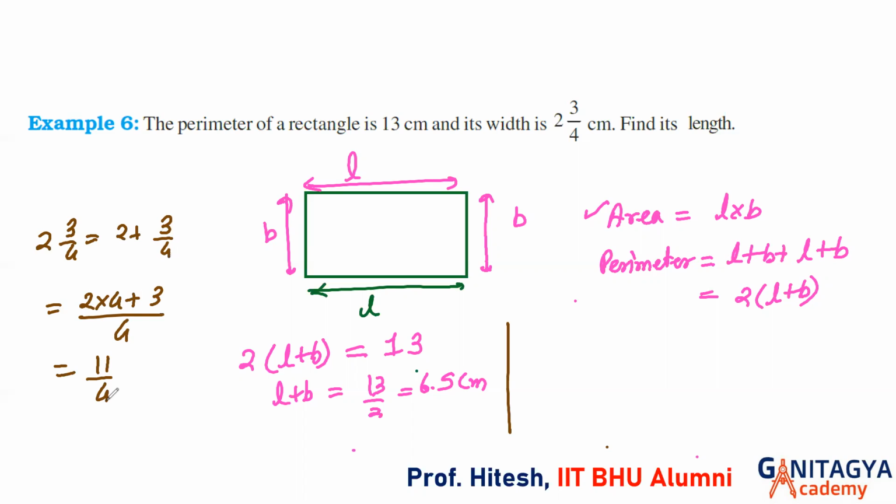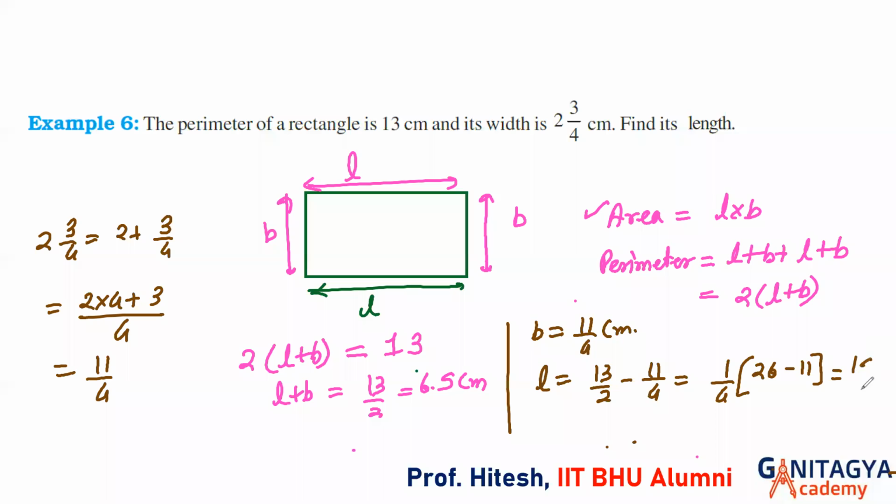Now we have to find out L. So given B is equal to 11 upon 4 centimeter, hence L will be 13 upon 2 minus 11 upon 4. Okay, so 4 will be the LCM. It will be 26 minus 11, that is 15 upon 4. So 15 upon 4 I can write 12 plus 3 upon 4, hence it is 12 upon 4 plus 3 upon 4, and 12 upon 4 is 3.